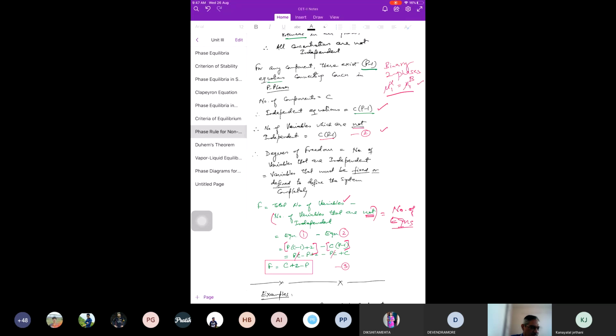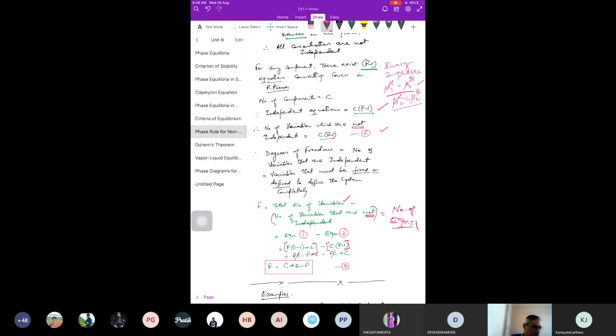बाइनरी सिस्टम, बराबर. यहाँ पर सिमिलरली आई कैन राइट फॉर कंपोनेंट 2, mu2 for alpha phase equal to mu2 for beta phase, right? तो मेरे पास दो इक्वेशन मिल गया बाइनरी सिस्टम के लिए, दो कंपोनेंट के लिए, राइट?